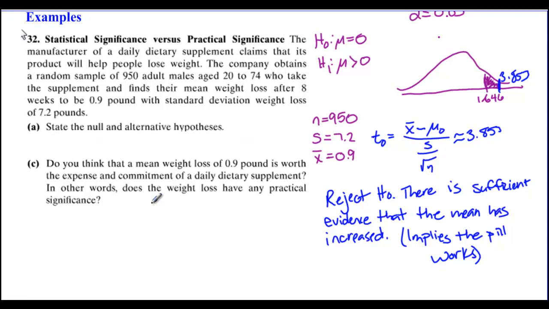So this is less than a pound that's lost, and this is over the course of 8 weeks. So really, I don't see anybody being motivated to lose 1 pound over the course of 2 months almost, and spending that money and following those restrictions. So this would not be practically significant, even though it is statistically significant.